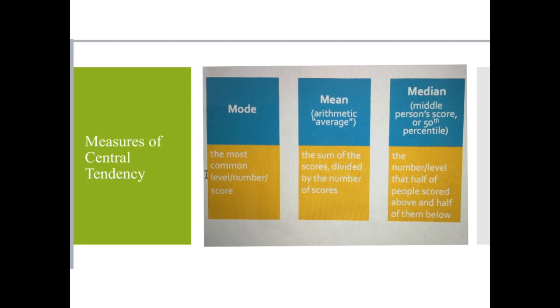So just to break them down, brief description, brief definition, right? Mode is the most common number or score. If you have a list of numbers and there's 13 threes, 10 fives, and 2 ones, the 3 is going to be the mode because there are more 3s than any other number. That's your mode, most common score.